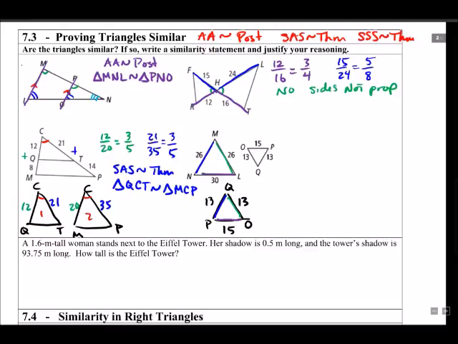So let's start with blue. 26 to 13. That's a 2 to 1 ratio. Looking good so far because green is 26 to 13. That's a 2 to 1 ratio. And purple, oh, looks like we have a winner here. 30 to 15 is a 2 to 1 ratio.